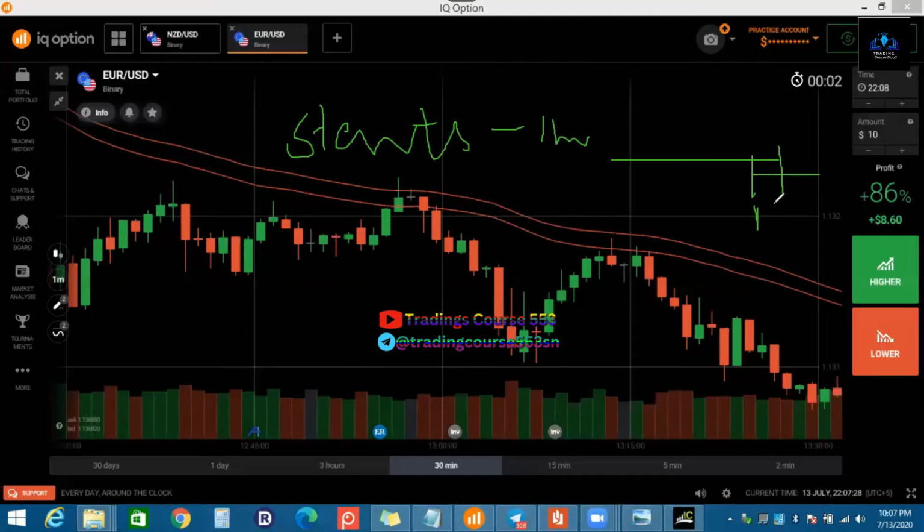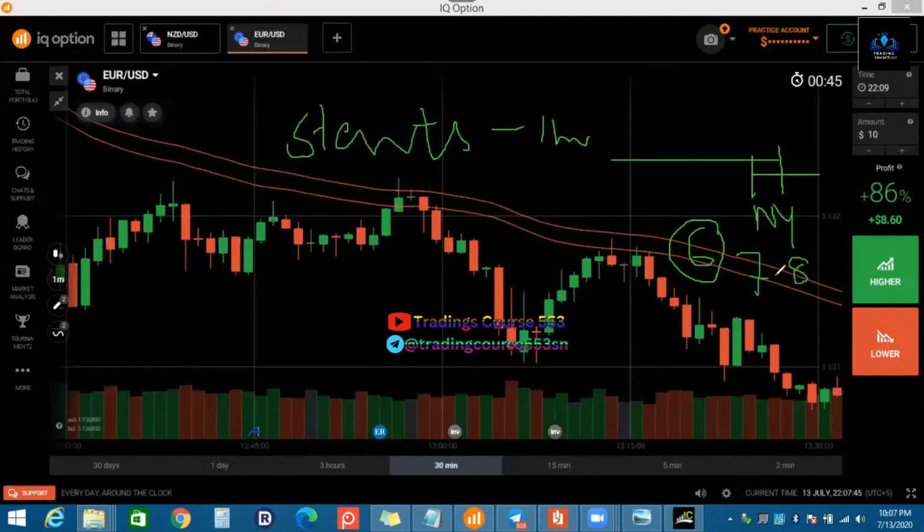When the New York session is opening at 7 p.m., you stop trading at 6 p.m. Then after the New York session is open, you can start at 8 p.m. So there is a 2 hour gap when this session is opening.